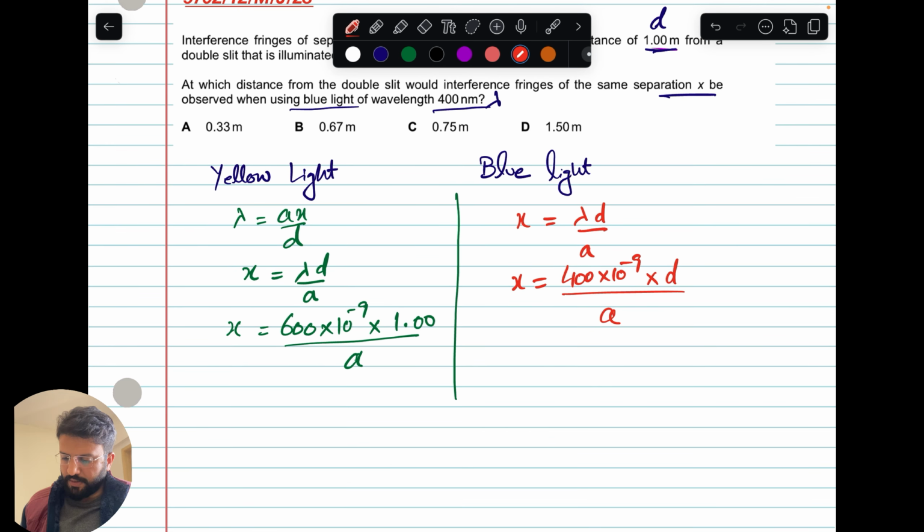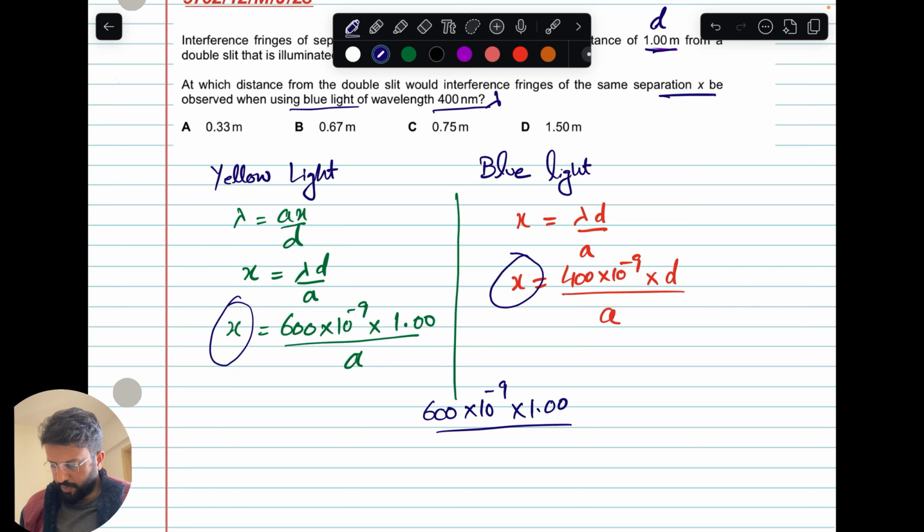What we can do is equate the left hand sides, because x is the same for both cases. It's given in the question. So you can say 600 into 10 to the power minus 9 into 1.00 over a is equal to 400 into 10 to the power minus 9 into d divided by a.